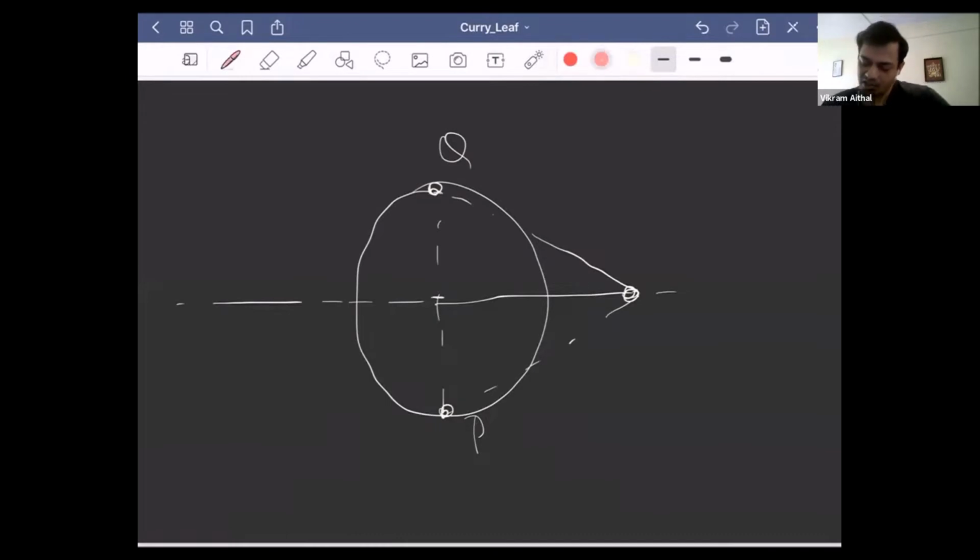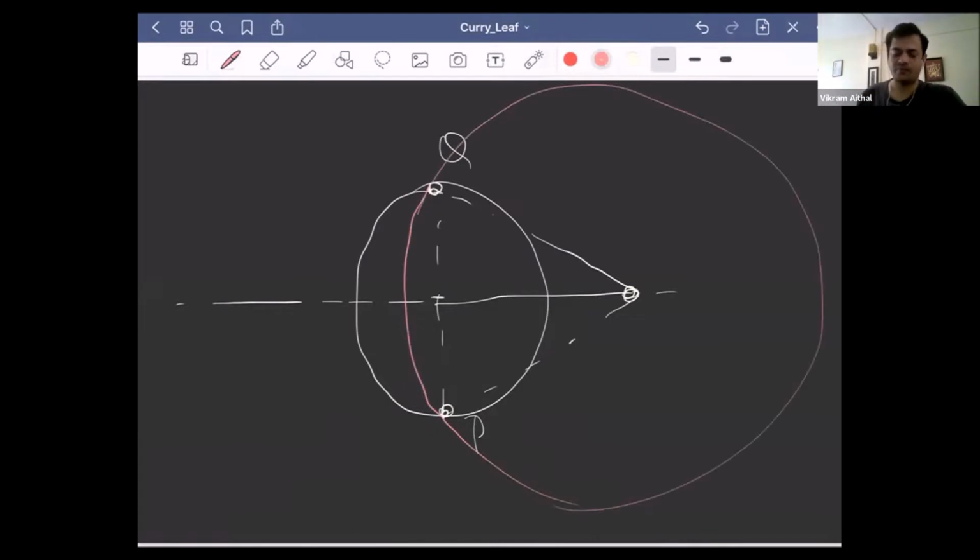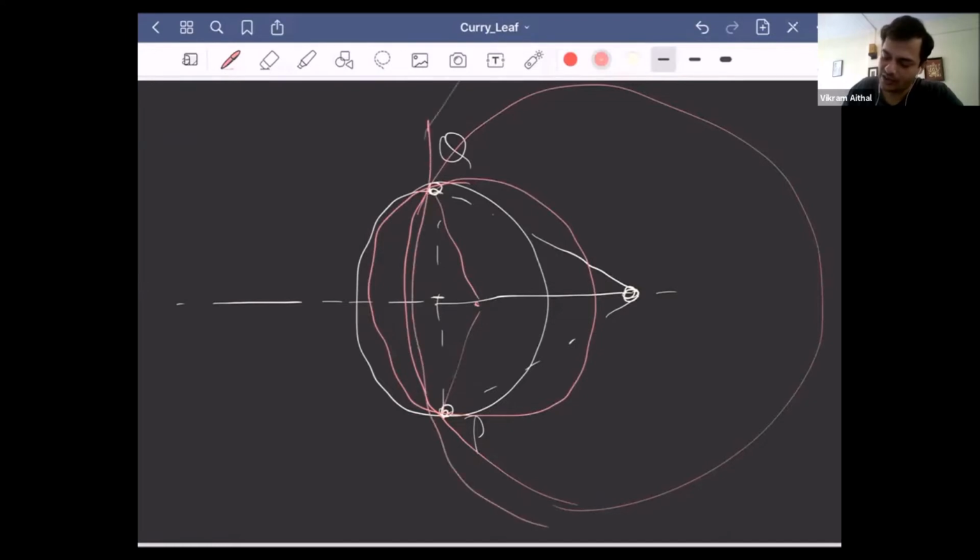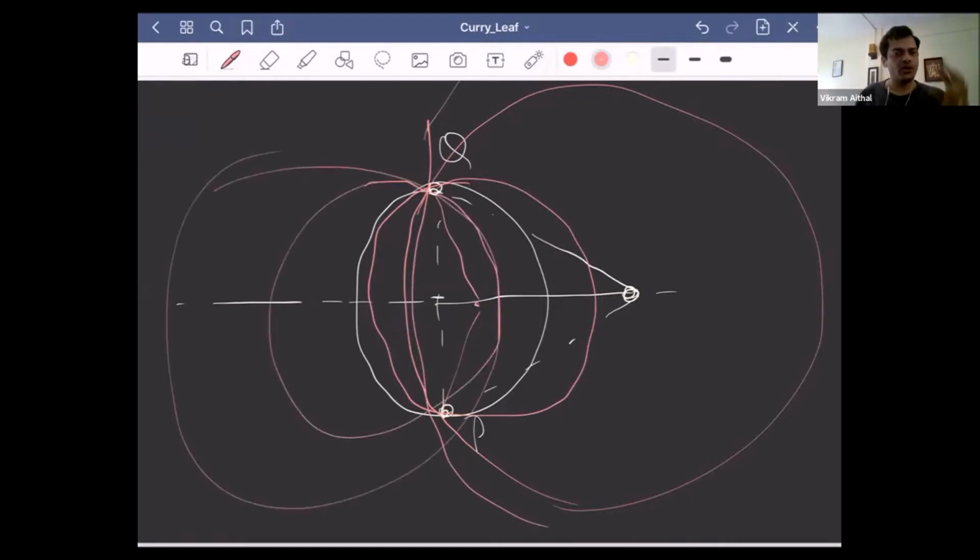And now you see, I have another circle passing through P and Q. In fact, I can keep going anywhere on this line. If I take something like this, I get another circle. So I have many circles I can draw. The same goes on this side also. So I have uncountably many circles that I can draw joining P and Q.